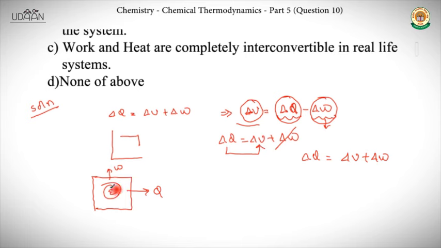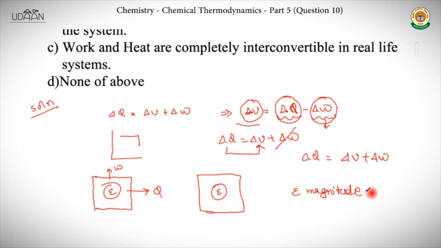We can tell at any point that the system has this much energy, but as far as heat is concerned, we can't tell that the system has this much heat. We can mention only energy. We can tell the system has E magnitude of energy, but we can't tell that the system has W magnitude of work in it. It's either done by it or done on it.